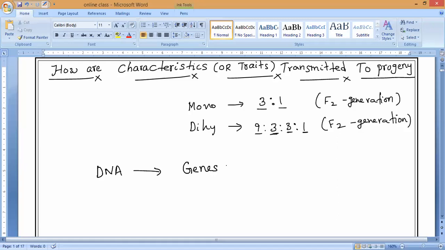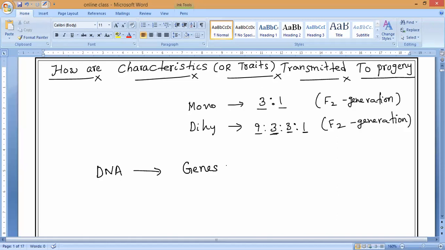Do you remember, Arvind, as I taught you while I was explaining the chromosomes, we call a gene a unit of DNA on a chromosome which governs the synthesis of one protein, and that controls a specific characteristic of an organism.